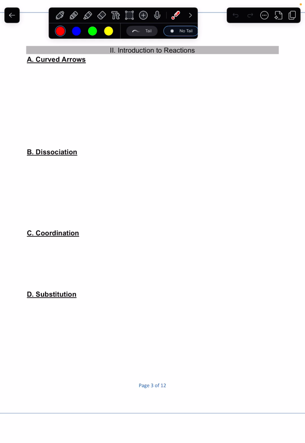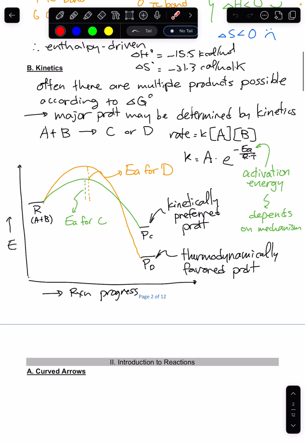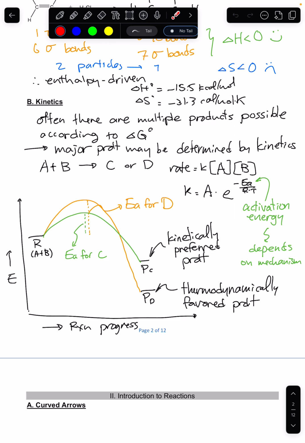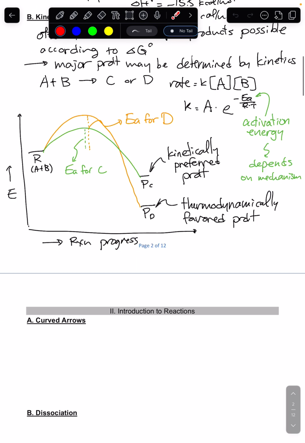First of all, in the last video we talked about how the mechanism of the reaction is really important, because the kinetics tends to explain why you get certain products. Like you might get a less stable product if the mechanism is such that you don't have to go through as high an activation energy, and so forth.